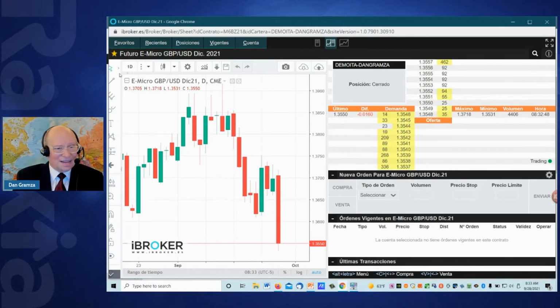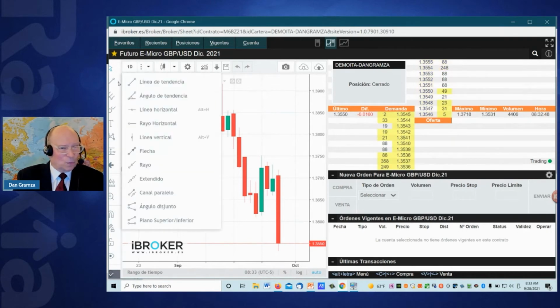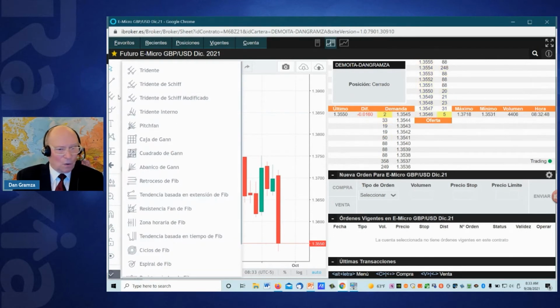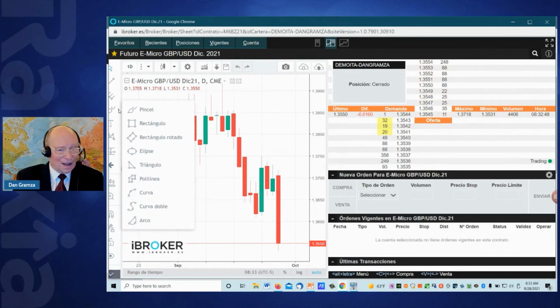On the left side, these are all the things that you and I could do to this chart to help gather information. We can use different pointers if we want. We have different ways to use trend lines and Andrews pitchfork and a whole variety of other studies that we could look at. We have other techniques to identify setups and patterns.